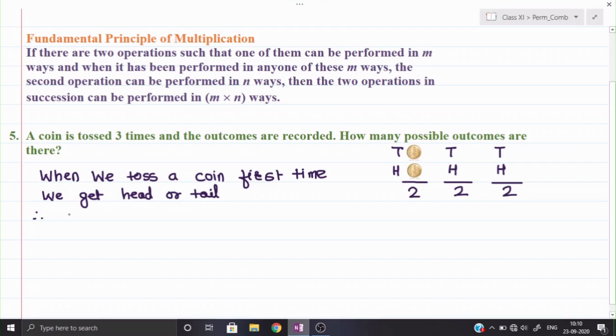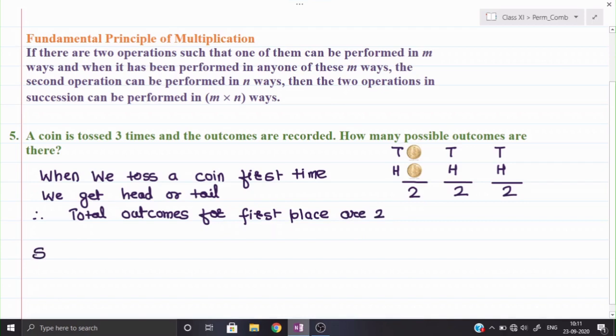Therefore, total outcomes for the first place are 2, that we can say.